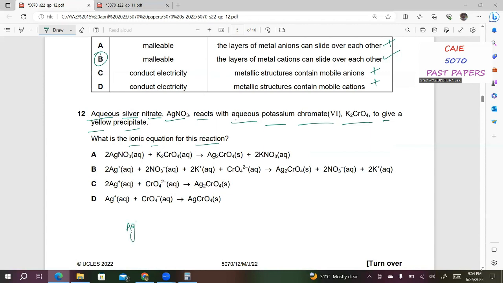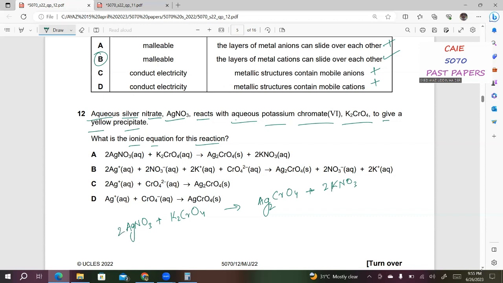So products will be Ag2CrO4 plus 2KNO3. Now balance the equation. So we'll get this.